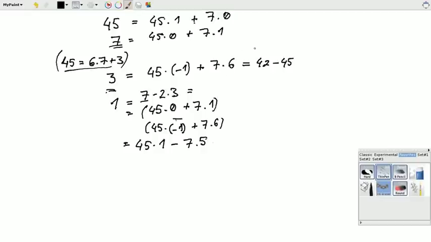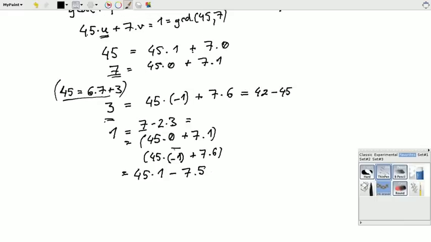Aha, I got it. I switched the signs over here, because 3 is equal to 45 minus 6 times 7.